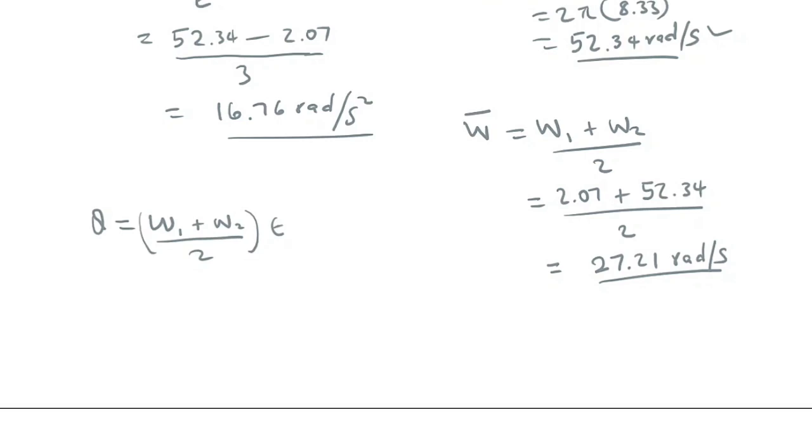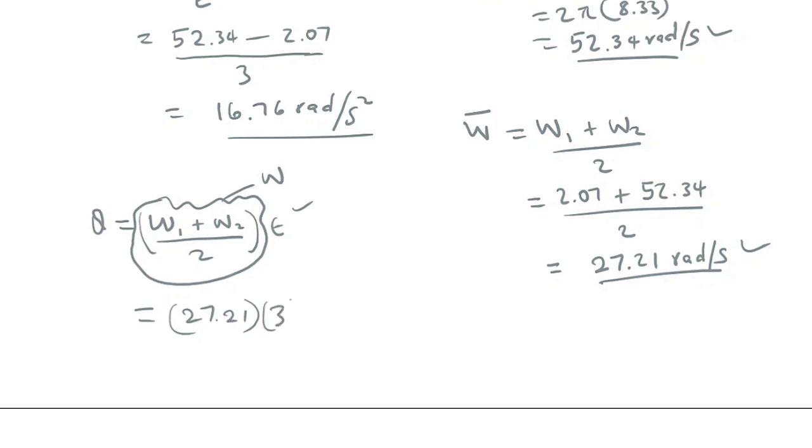Since all this part is equal to the average angular velocity, we'll put 27.21 like this. Then we multiply by the time, which is 3 seconds. This will give 81.62 radians.